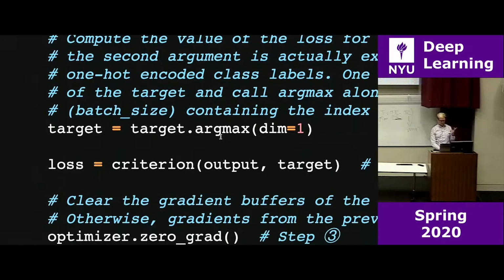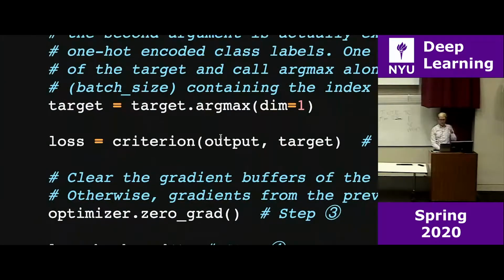Number 3, you zero the cache, right? Then number 4, which is computing the gradient of loss with respect to weight. Loss dot backward. Yes, loss dot backward. What does loss dot backward do?